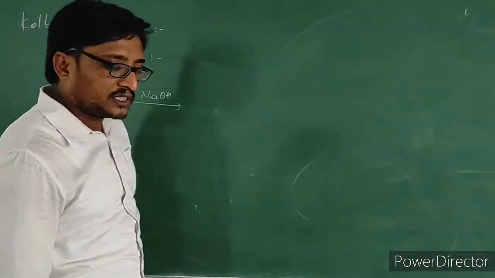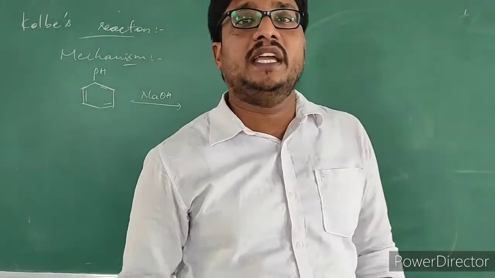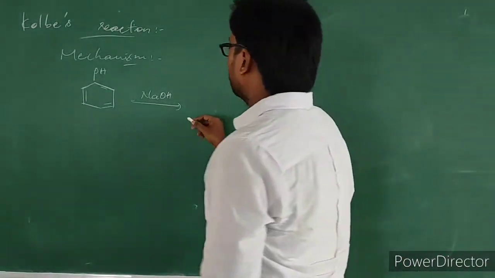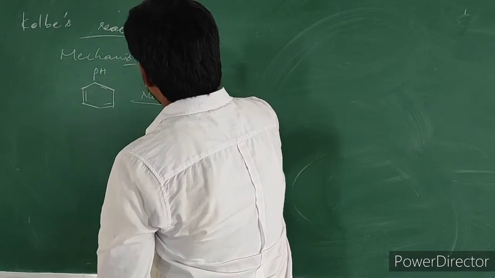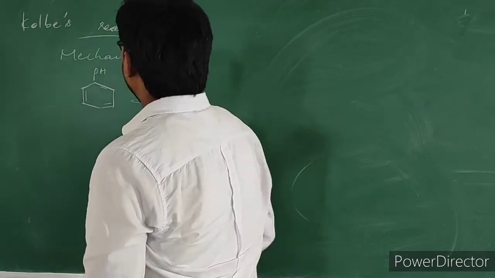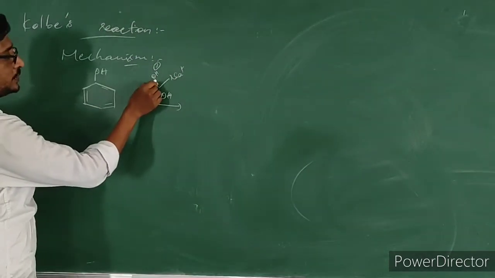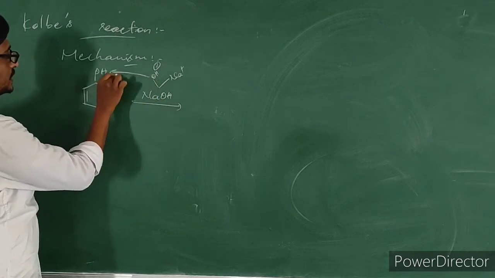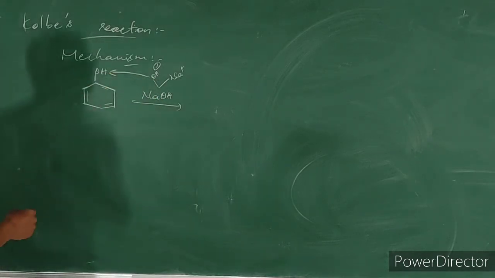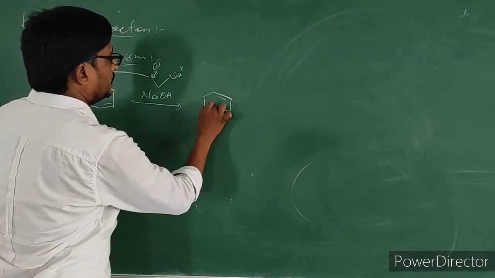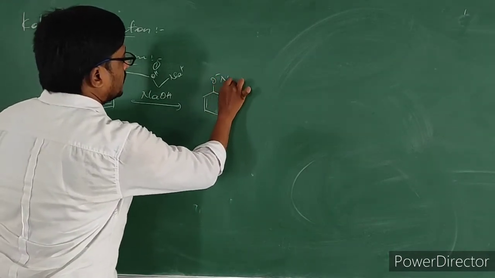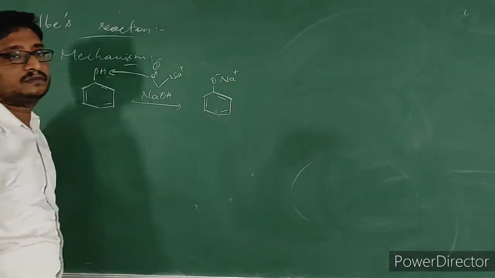Sodium hydroxide, if it gets ionized, forms Na plus and OH minus ions. The OH minus ions produced here will pull the H plus ion from this phenol and convert this phenol into phenoxide ion in this way. Phenoxide ion gets produced.